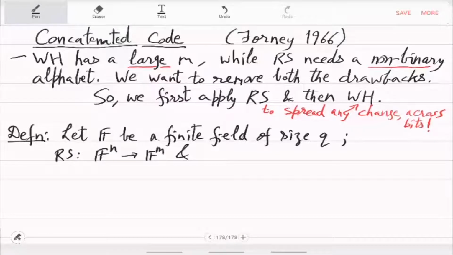And Walsh-Hadamard, this will stretch a field element viewed as binary, so 0 1 to log q. So, view f as binary space, log q bits, and then Walsh-Hadamard you know is exponential, so it will stretch log q to q.